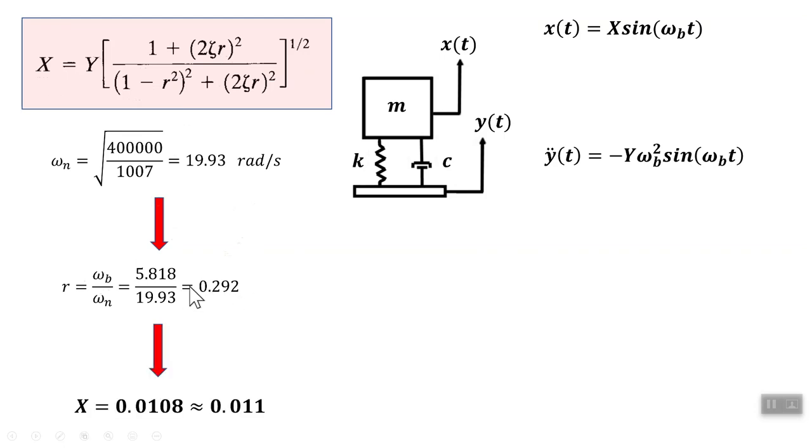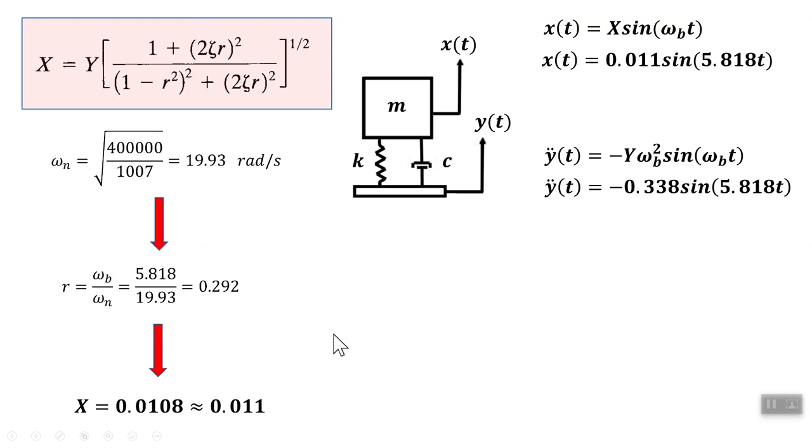Now, if you take r equal to 0.292 and zeta equal to 0.498 that I have on the previous page, and you stick it in there, and of course y being 0.01, you're going to get the amplitude of the vibration of the compartment as 0.011, approximately.